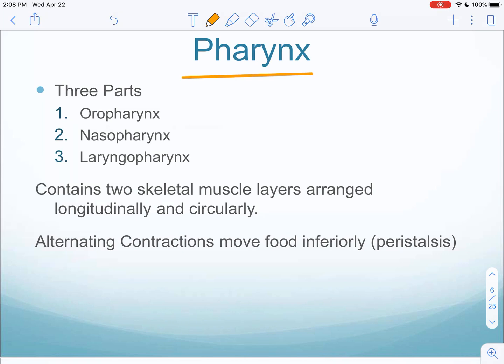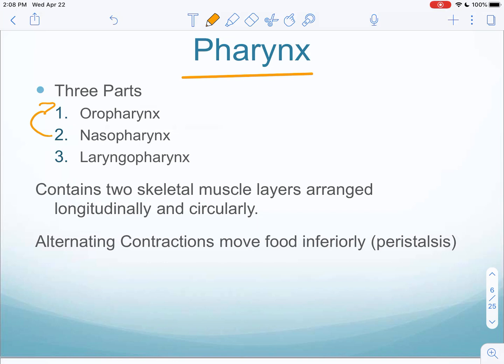So it's a combination of food, water, and air passageway. It has 3 parts, as you know. I regret not putting these in a different order. Nasopharynx would be the most superior, then oropharynx, and then the laryngopharynx.